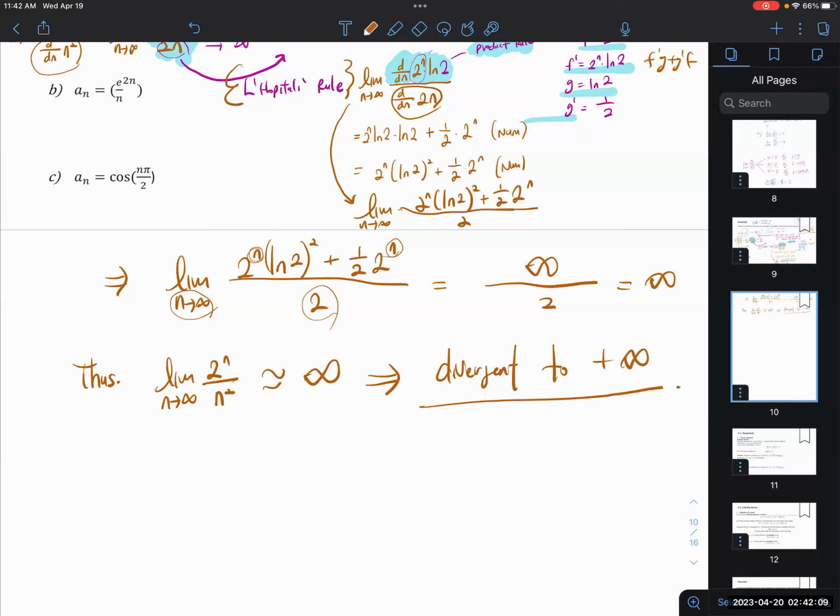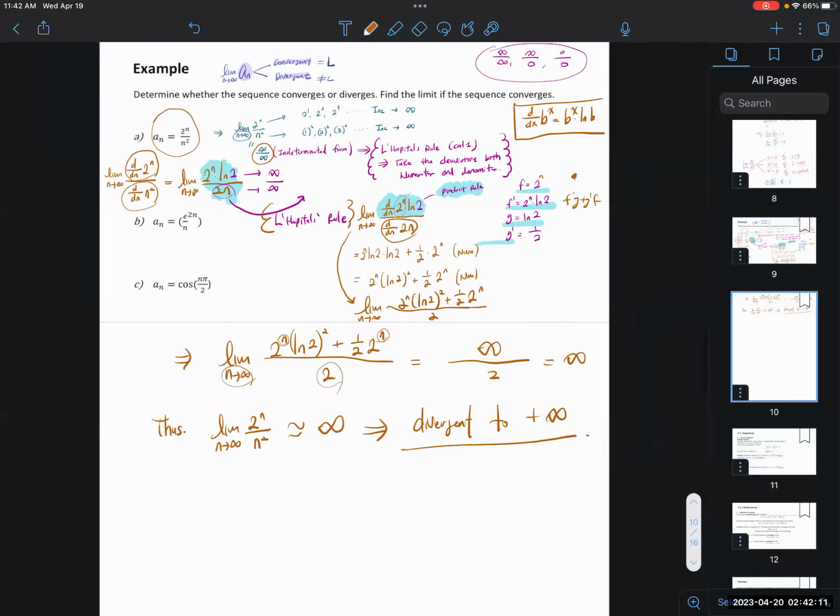That's the conclusion. So we just proved that this sequence diverges to infinity. So we got the divergence at the end.